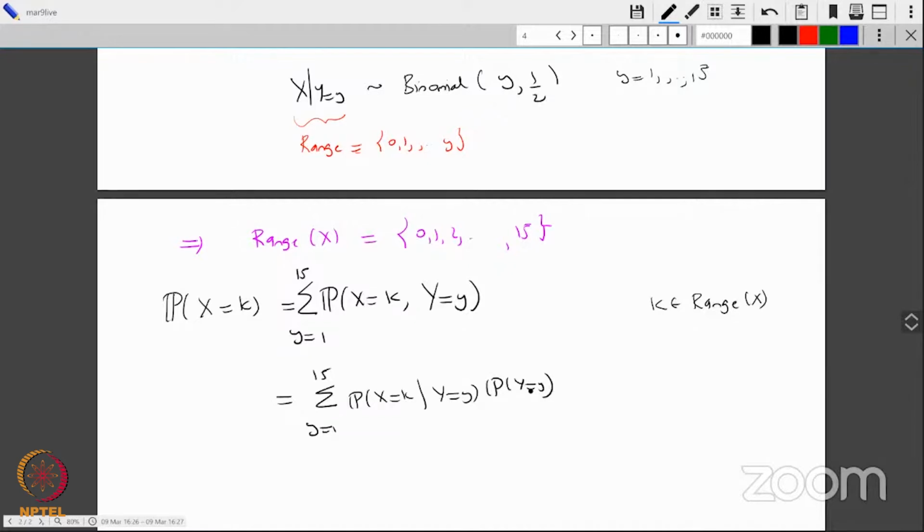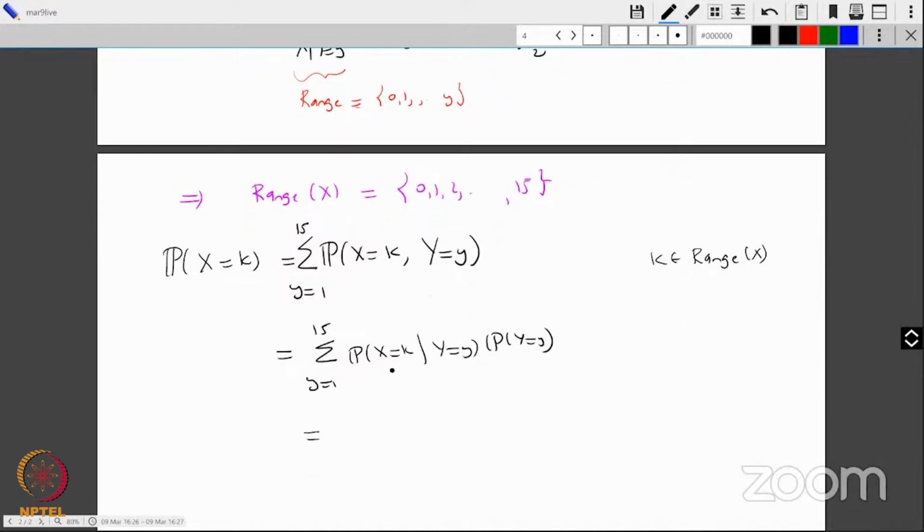Very good. So what will I get now? Look at x equal to k given y equal to y. If k is larger than y, this thing is 0, right? One notices that the probability x equal to k given y equal to y is equal to 0 for all k larger than y, because if you're tossing a coin y times, you will not get more than y heads.